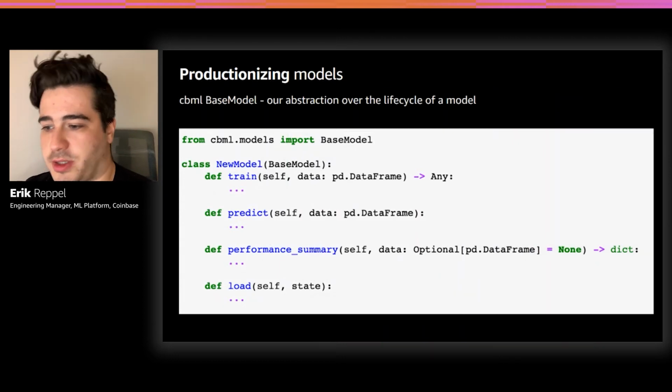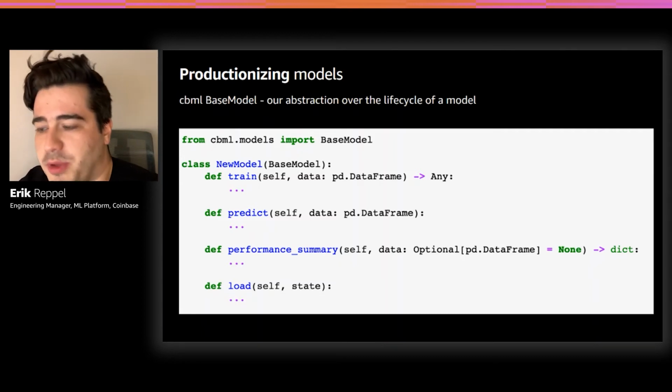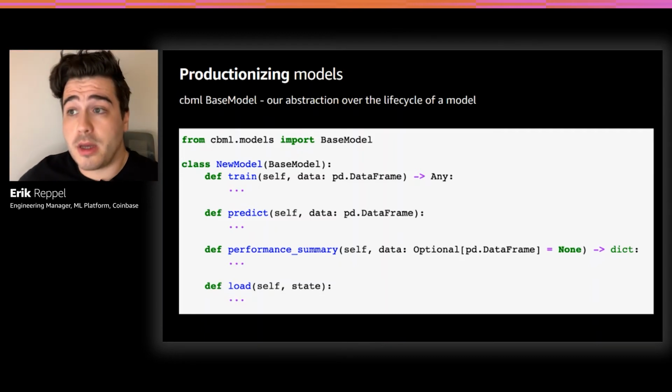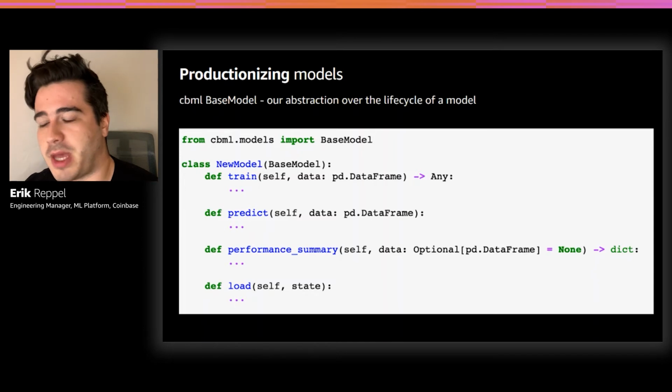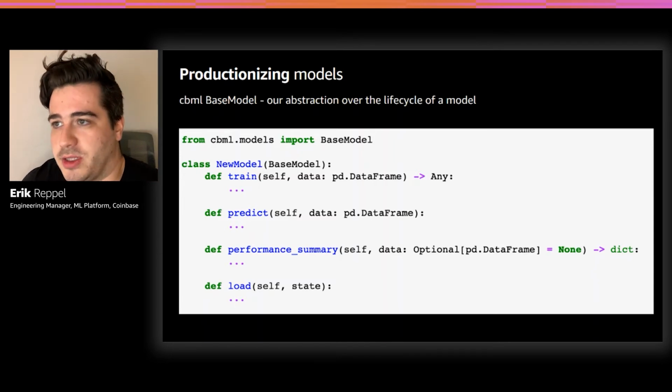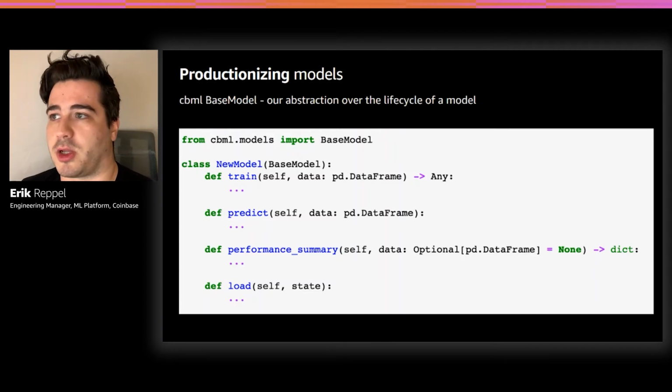Next, we go to productionizing our models. Our models need to have a consistent shape so that our platform understands how to work with them. Because we can use any modeling framework such as XGBoost, PyTorch, CatBoost, JAX, anything we need in order to solve our problems, we need consistency in what the model is actually going to look like. And this is where we bring in CBML's base model class.